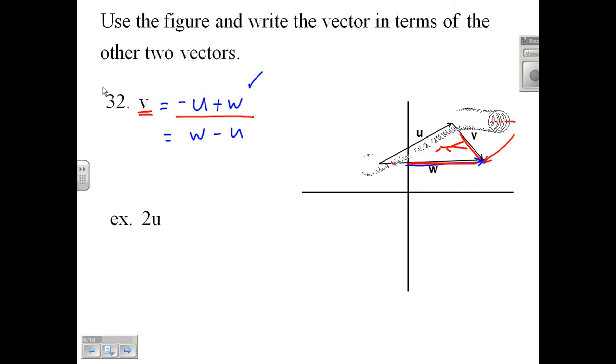Let me clear this off just a little bit here. I don't know if this residue that I'm getting stays on the video portion of this. If it does, I apologize for that. But anyway, let's represent 2u. So 2u would do this job. It would go from here to here, and then from here to, let's say there. I might be cutting it a little bit short, but I'm running out of room again. How could we use w and v and stay off that red u path and do the same job, getting from here to here?